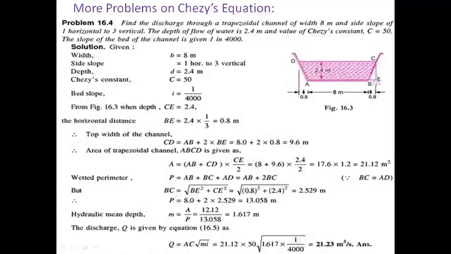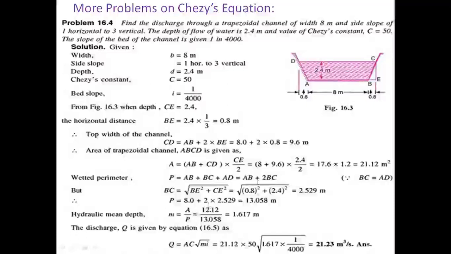Here the BE value is 0.8, whole square, plus the CE value, which is the small d value 2.4, whole square. Finally, we get the BC value as 2.529 meters. Substitute this value in the wetted perimeter equation, and you get the AB value.